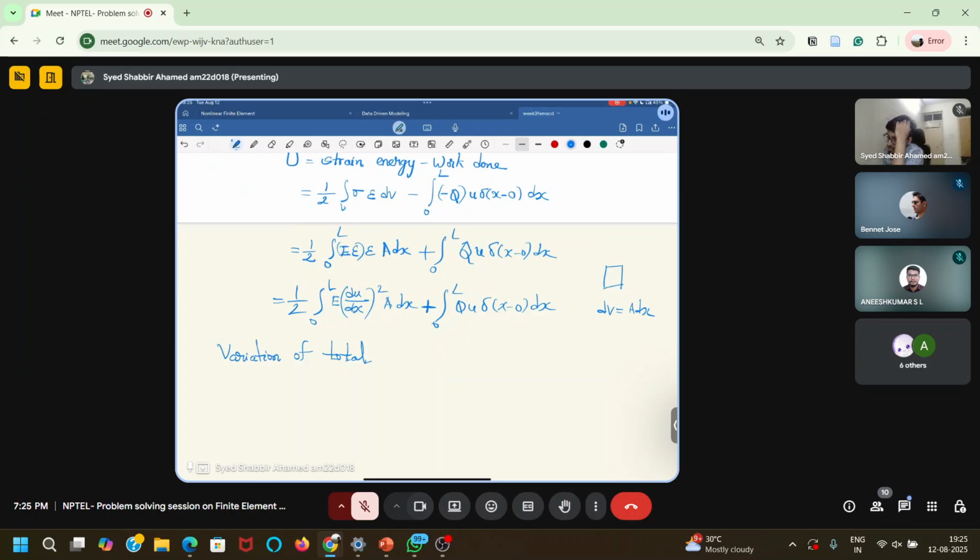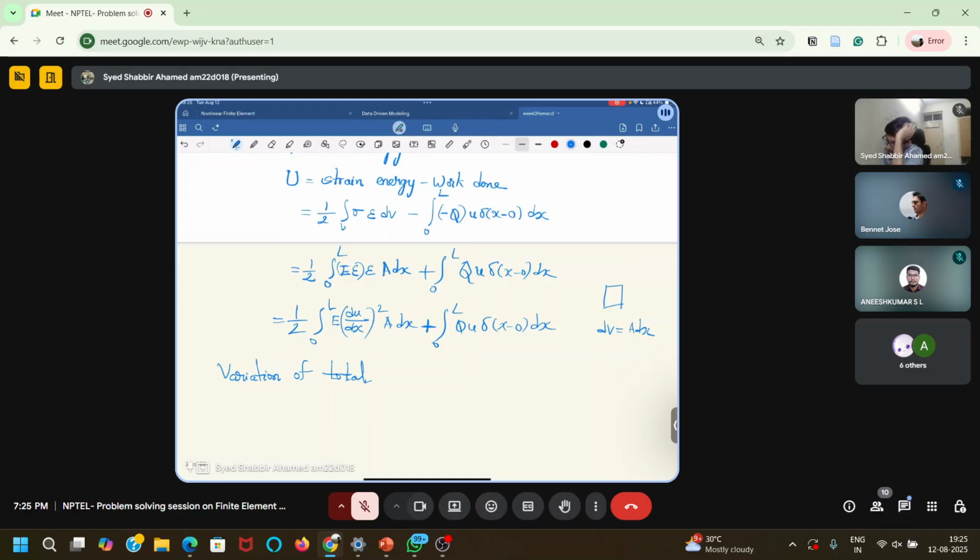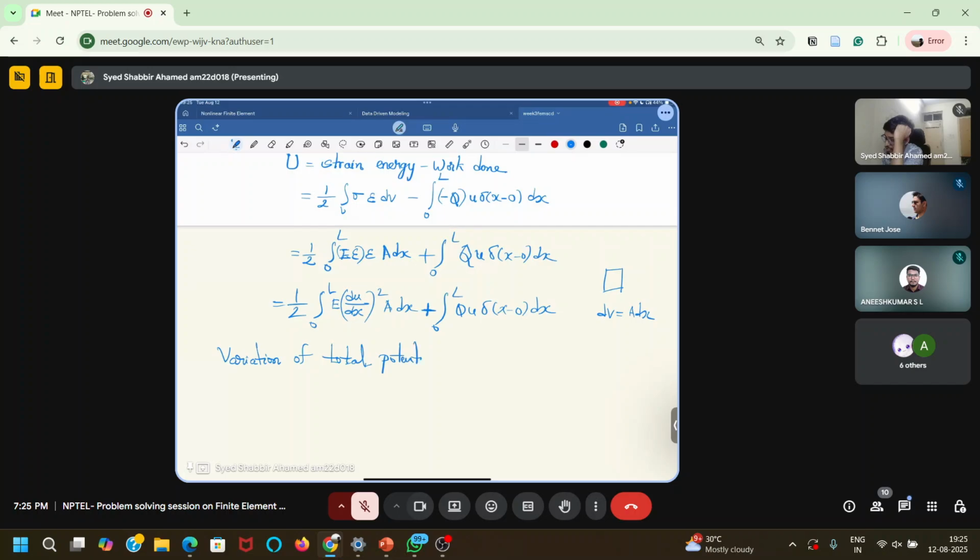We are replacing u with u hat, so there will be some variation in u because you are not taking the exact u, you are taking the approximate u. But we have to make sure that the variation of the potential should be zero when we take this approximate solution.